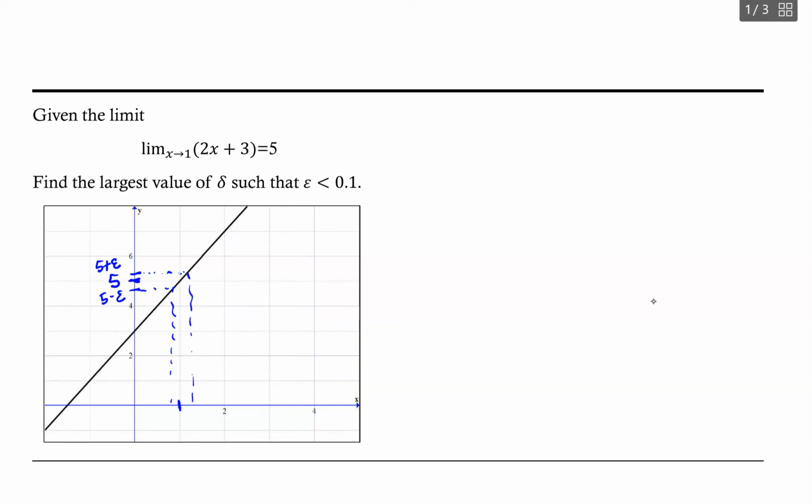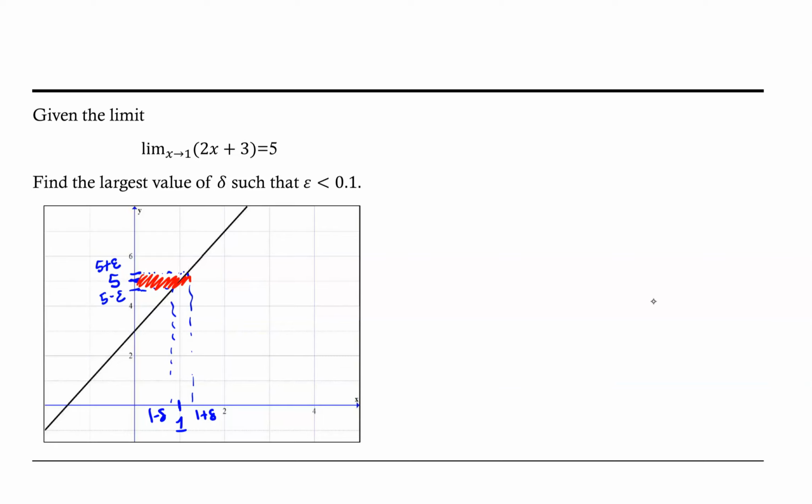So here's 1. We want to find a delta such that the interval from 1 minus delta to 1 plus delta guarantees that we have y values that land in this interval between 5 plus epsilon and 5 minus epsilon.